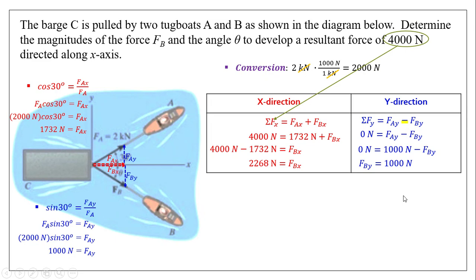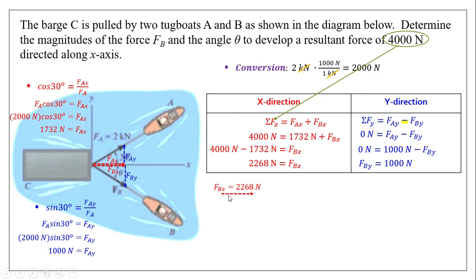So I want to translate this information in the chart into just a triangle. The red arrow that just came up is the net force in the x direction, and that is for the vector B. You notice here it says FBX is 2,268, and it's positive because in this diagram, tugboat B is pulling in the southeast direction, aka to the right and down.